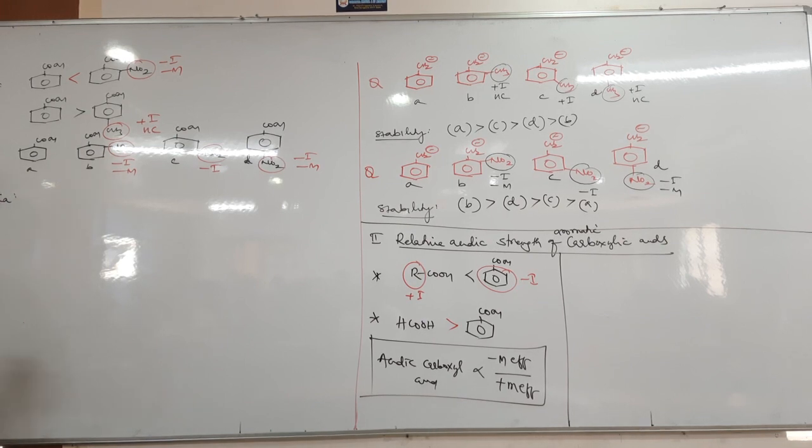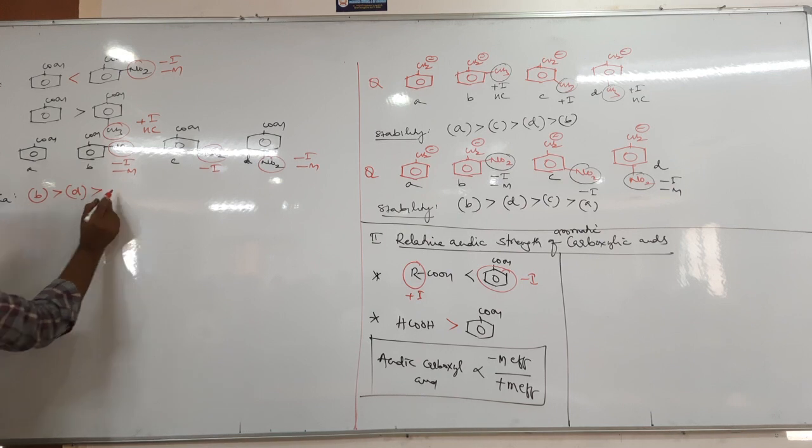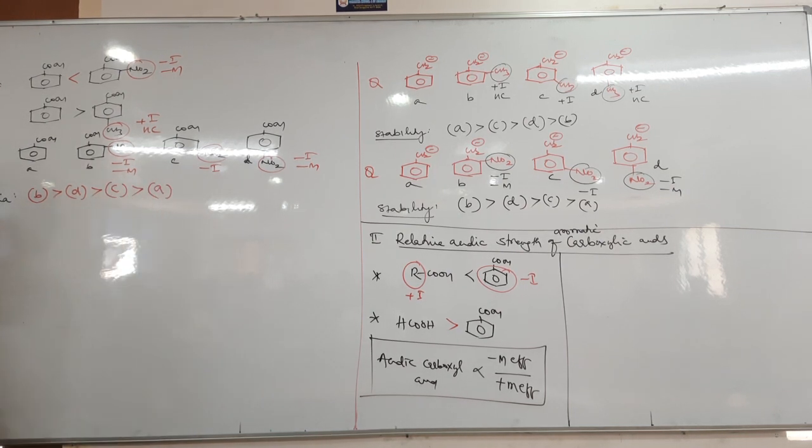Therefore electron withdrawing is more, that means B is more acidic. Next D is more acidic. Next C is more acidic. Next is A.